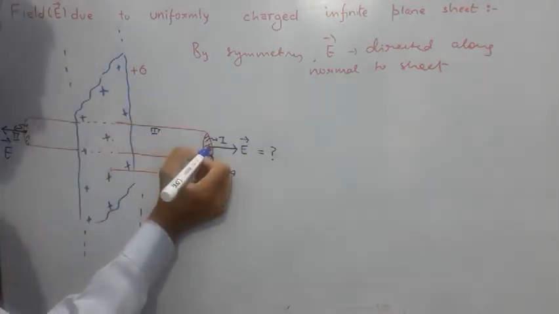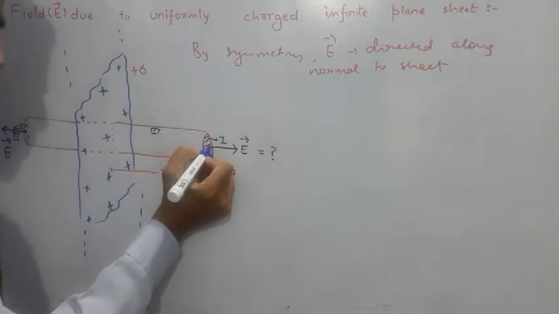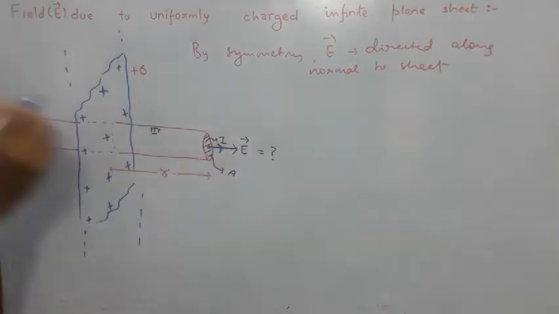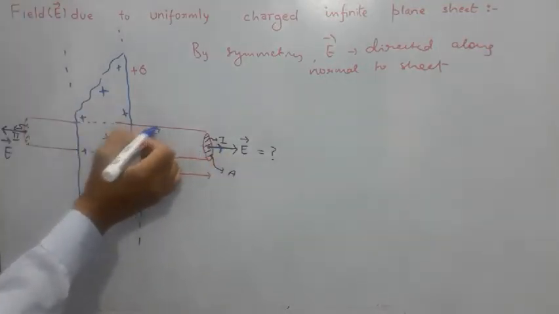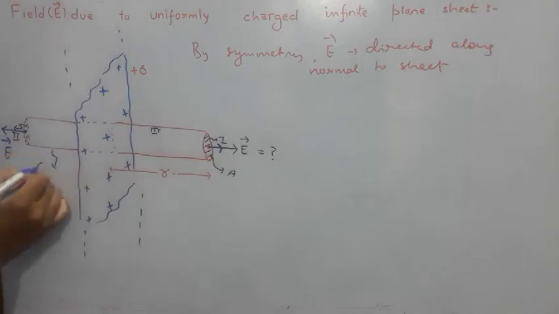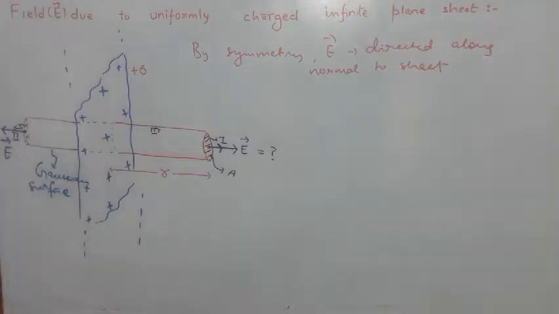The area vector element at this point will be in this direction along outward normal. So this is our Gaussian surface. Likewise, here the area vector will be in this direction along the outward normal.